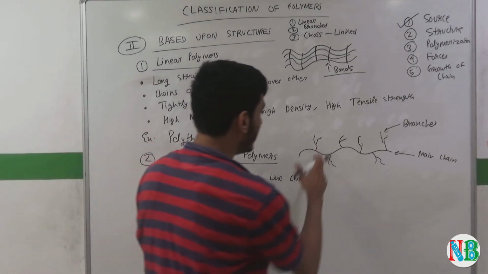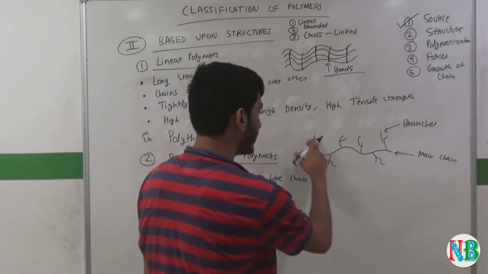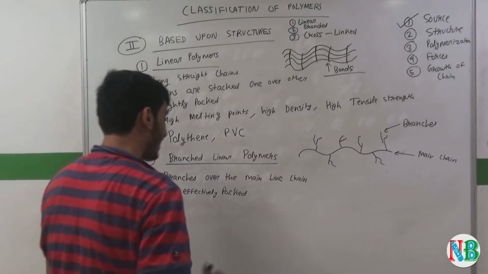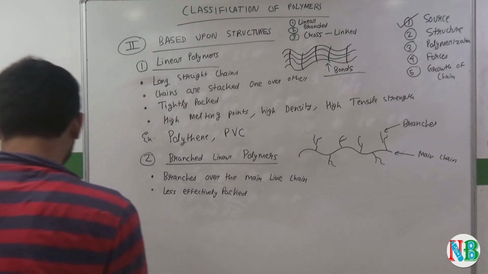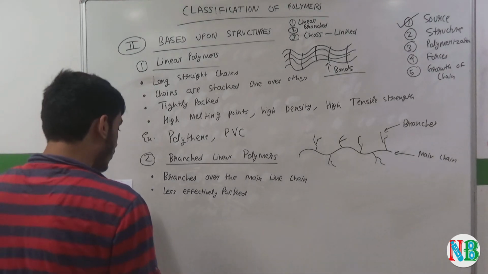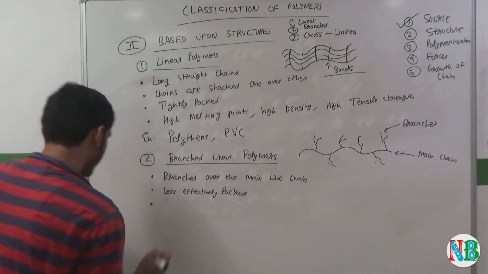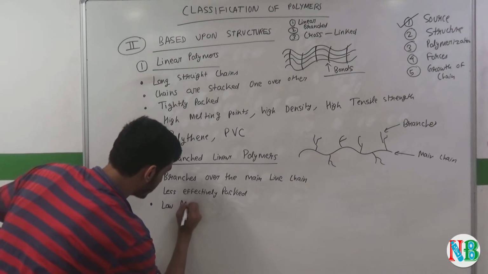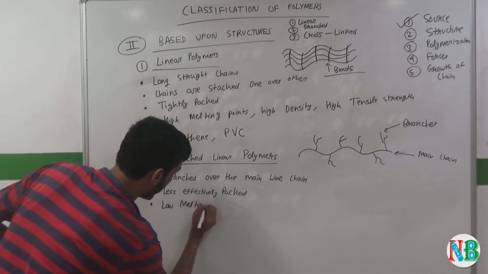But these outward branches make them not very nicely packed. So it makes them have very low melting points.